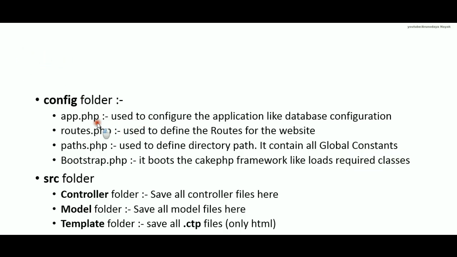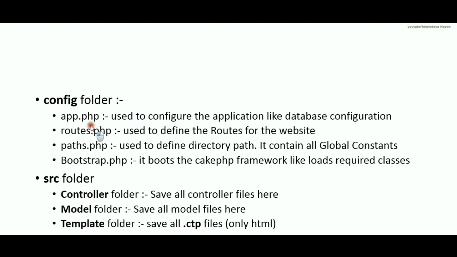For example, if you want to configure your database for your application, this is the file where you have to define the database configuration. Besides this, other configuration directives are also there.